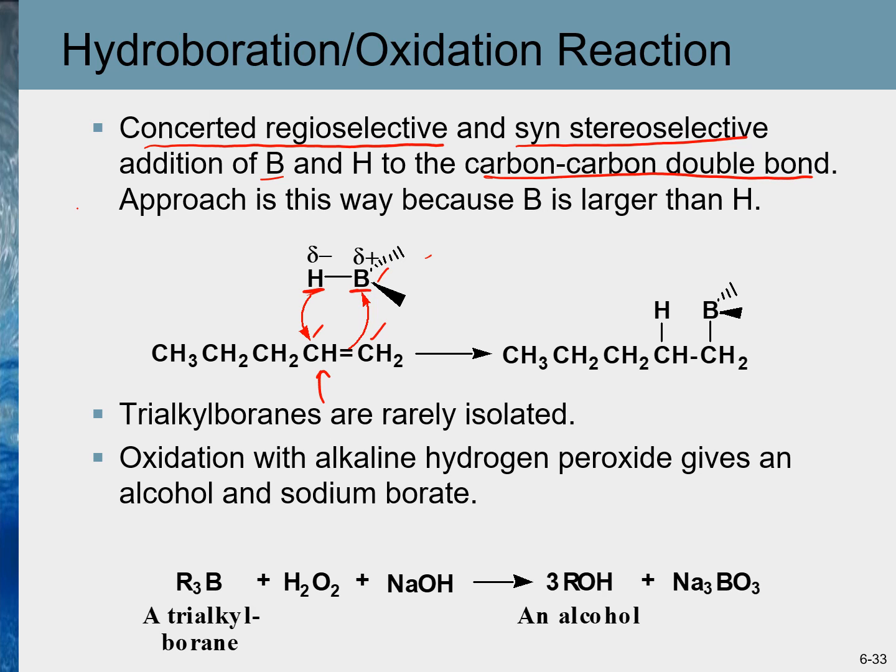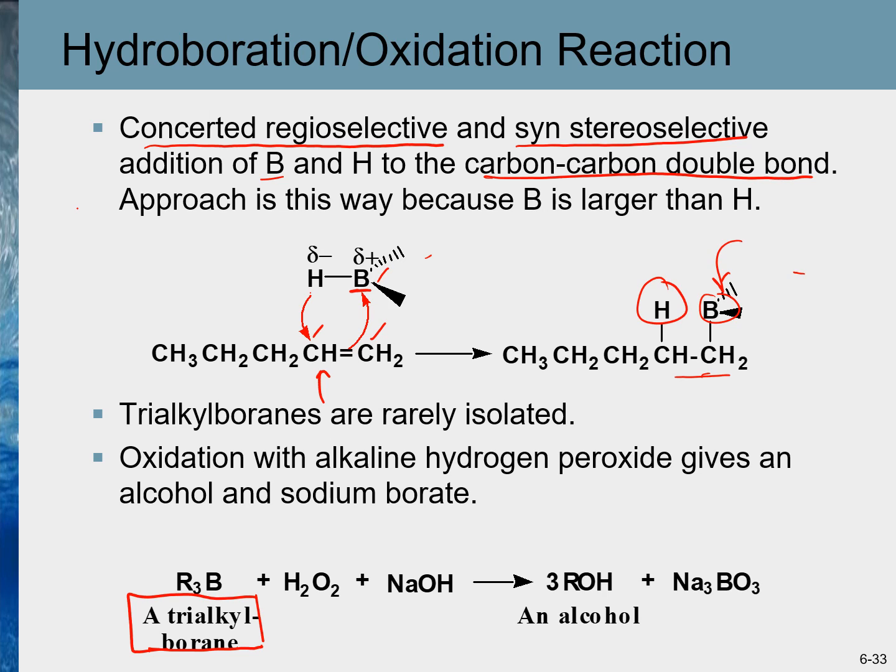So once hydrogen and boron are added to the alkene, the pi bond breaks, and hydrogen and boron atoms are added to the alkene. So this step is repeated 2 more times, and it gives rise to a trialkyl borane.